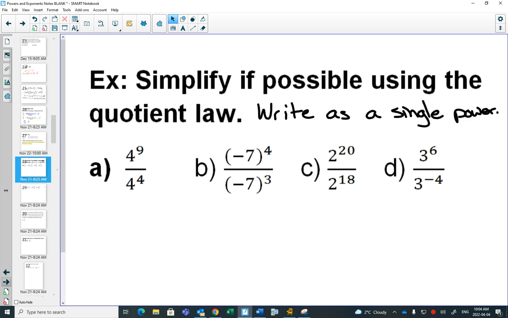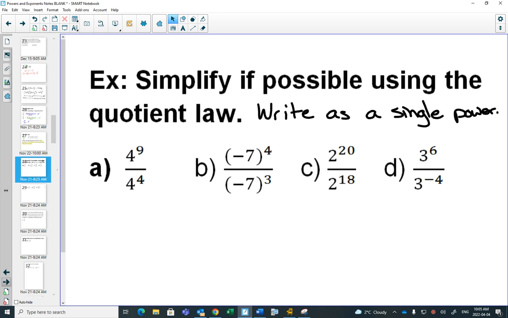So, simplify, if possible, using the quotient law. And often, you'll see these questions, and I get you to write this into your notes. So right after this part with the quotient law, write it in that it says, write as a single power. Because you might get a question on a quiz that says, write as a single power.